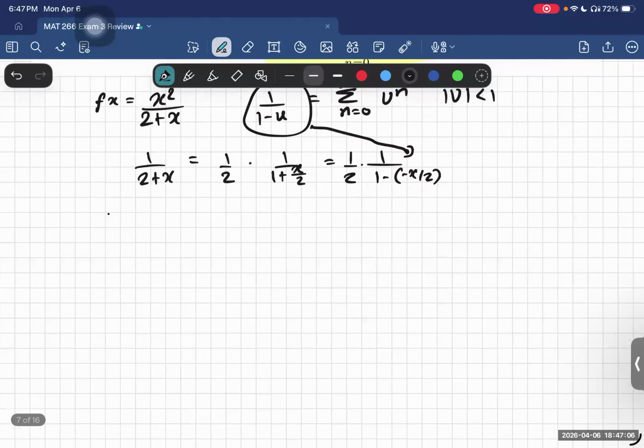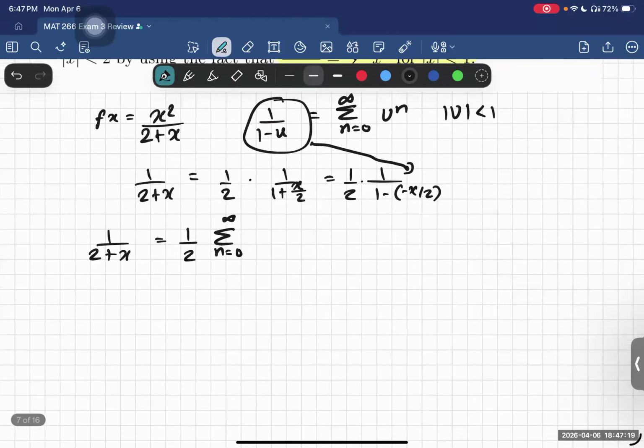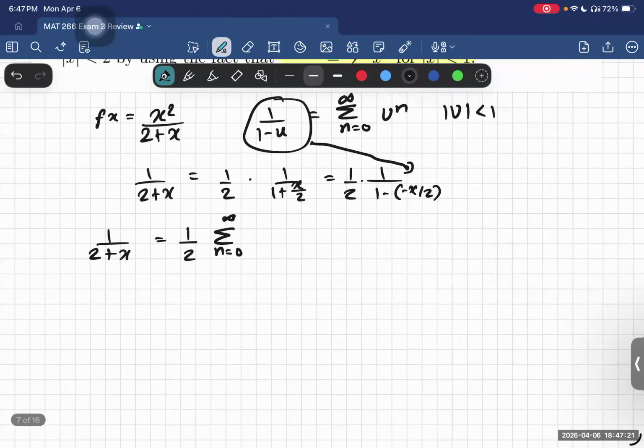So we have 1 over 2 plus x equal to 1 by 2 times the summation from n equals 0 to infinity, and this will result in u raised to n, and our u term here is negative x by 2.